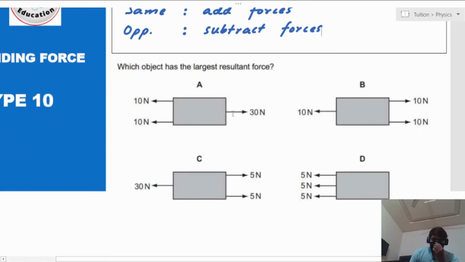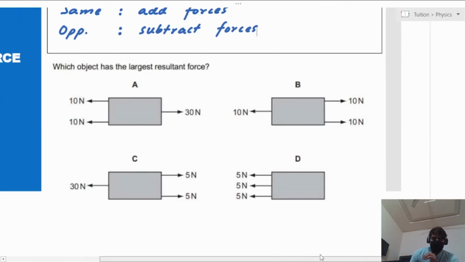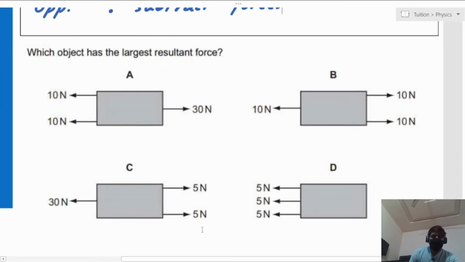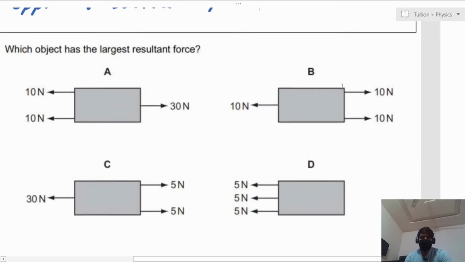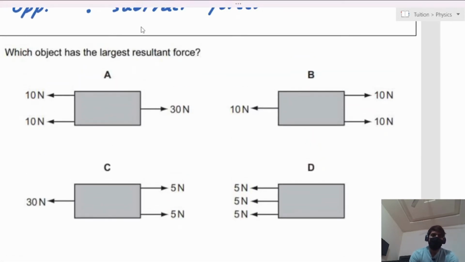So now we have a sample question, and in this one you need to find out which object has the largest resultant force. Okay, so let's check it out. The object A has a resultant force of 10 Newton towards the right.